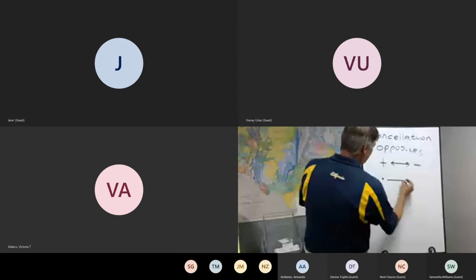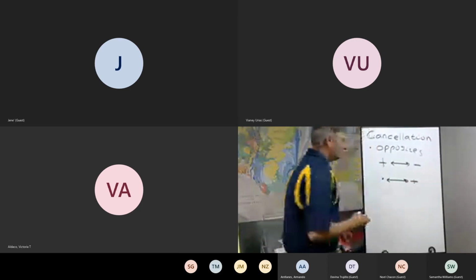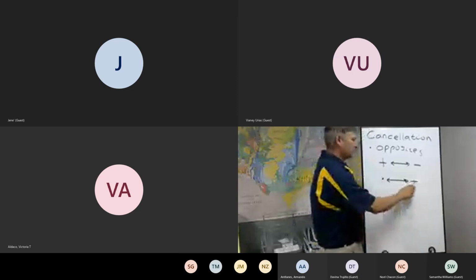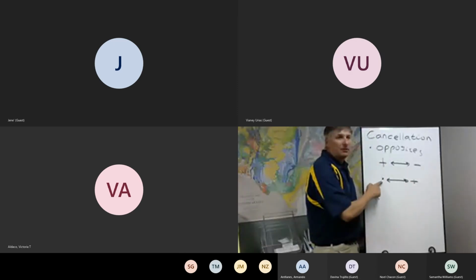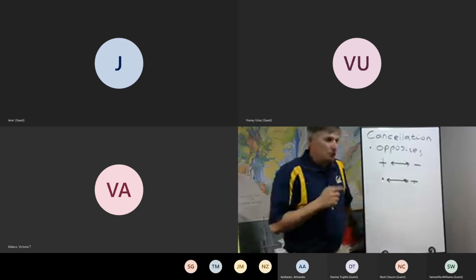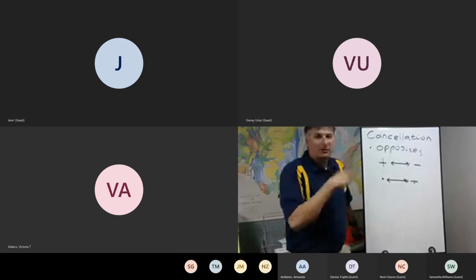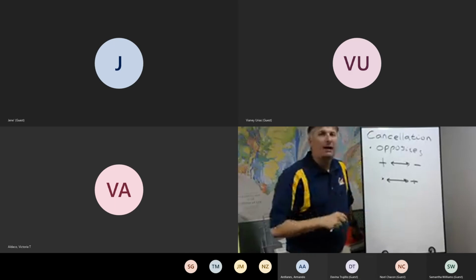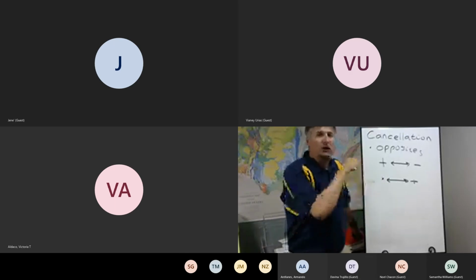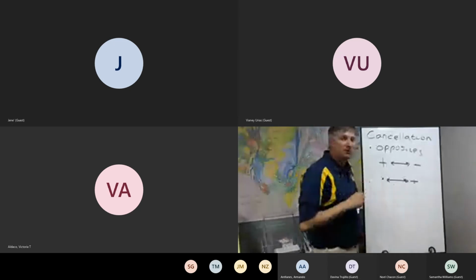The other opposites are multiplication and division. If I double something, if I go from, say, 1 car to 2, well, to go back to the original car, I take the 2 and I cut that number in half. Now I'm down to 1 car. So division will undo multiplication.